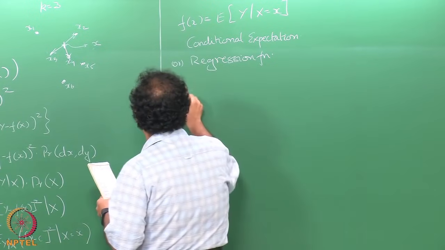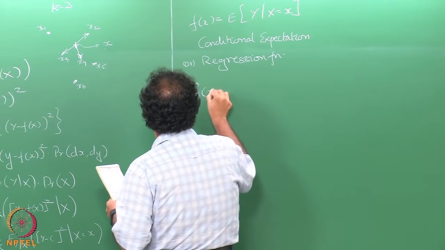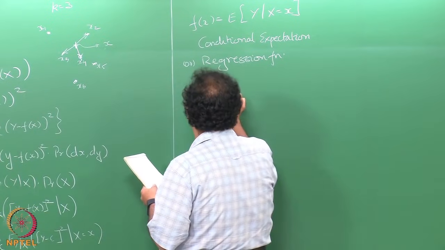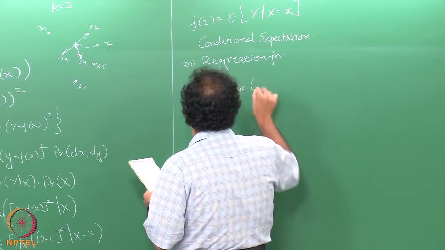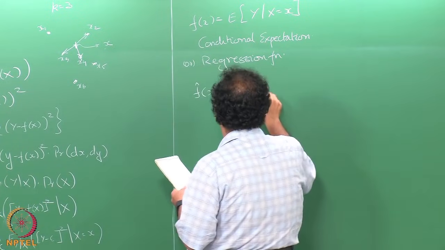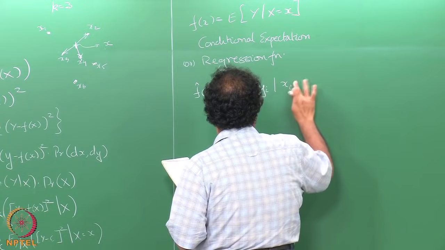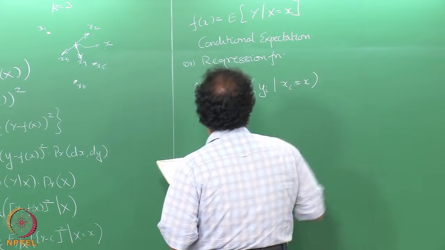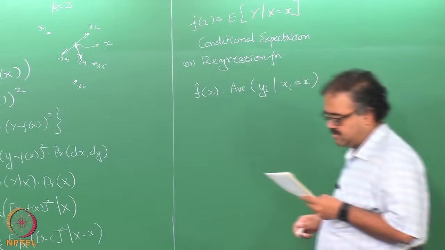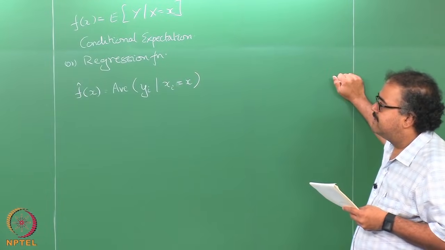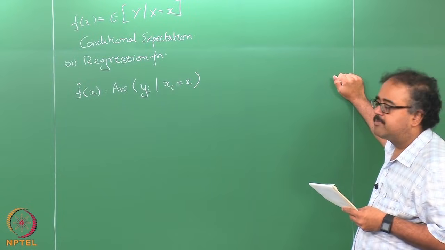So, one simple way of thinking about it is to say that okay, I can't find the true f. So, I am going to find an estimate of that, which we will call f hat, which is equal to the average of all the yi's such that xi equal to x, right.